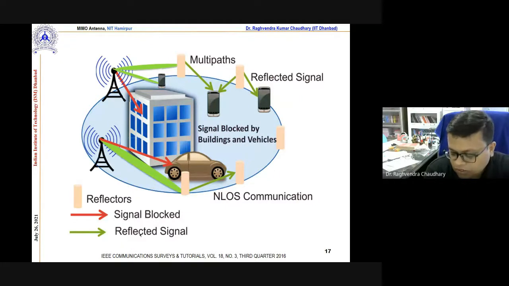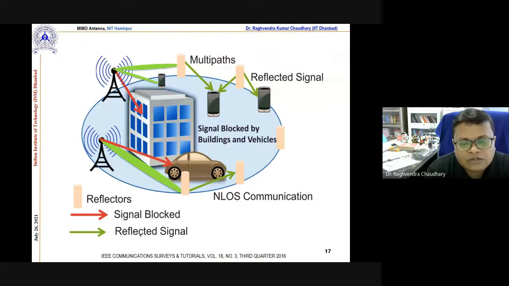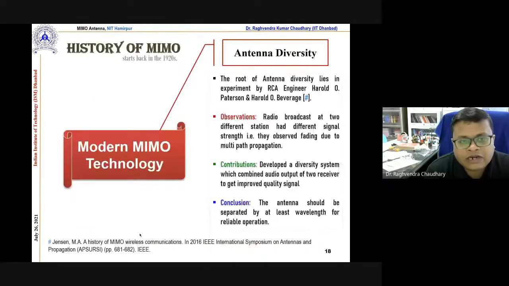That is why the idea of MIMO is very important. The receiver may receive from any of the antennas, the signal may be received by any of the antennas, and in this way we may save ourselves from losing the signal.